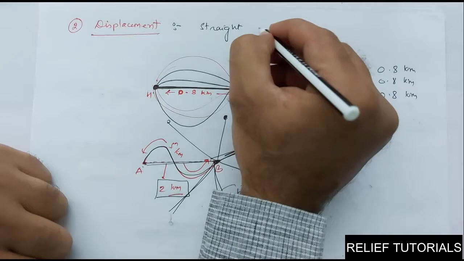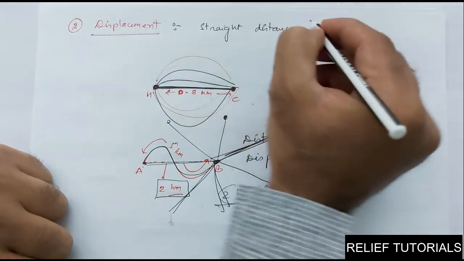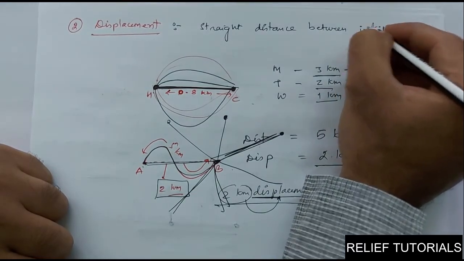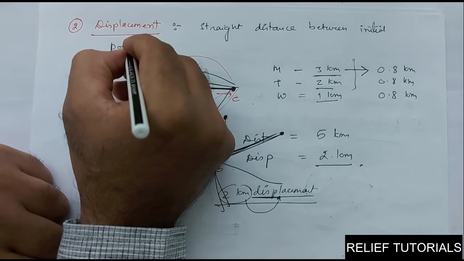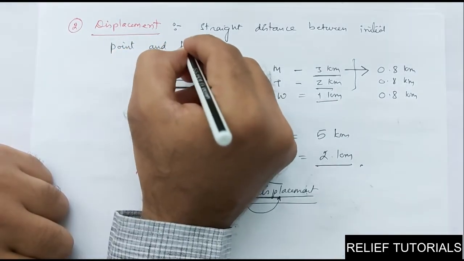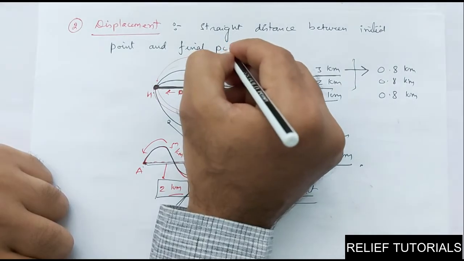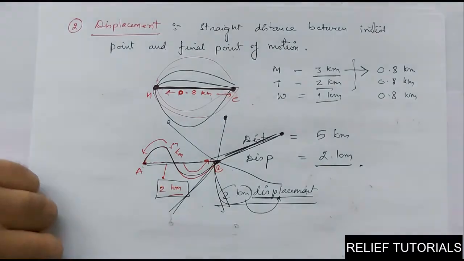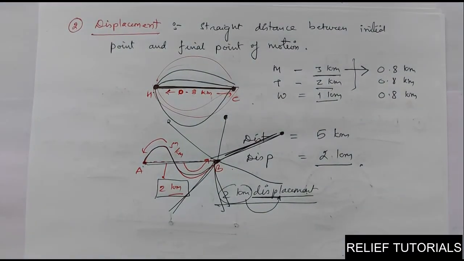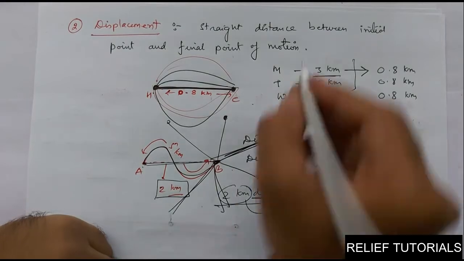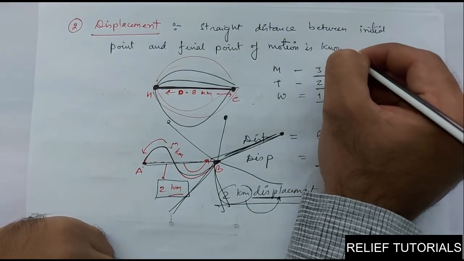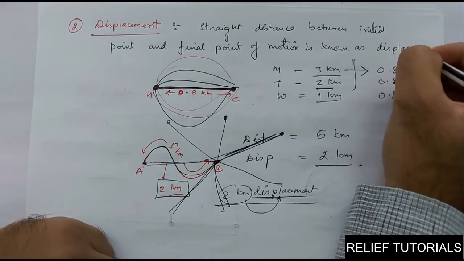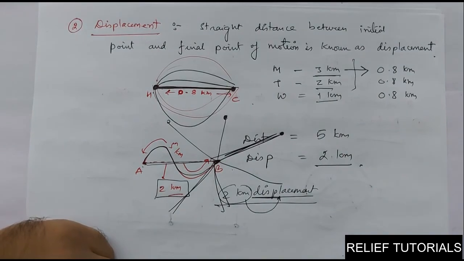Straight distance between initial point and final point of motion is known as displacement.